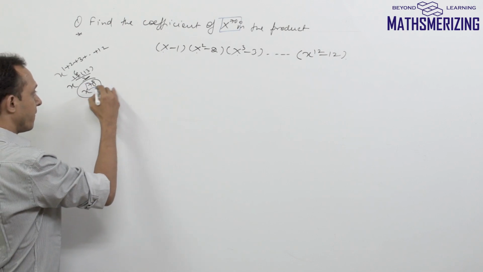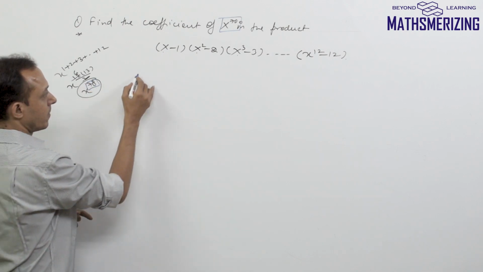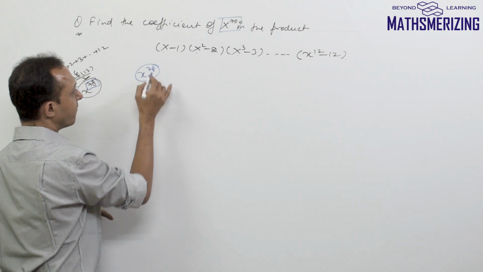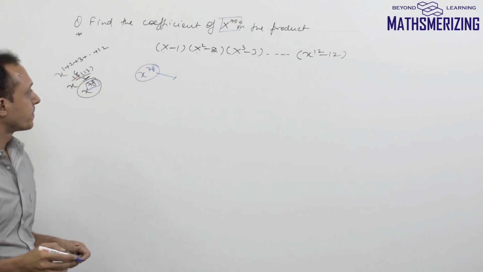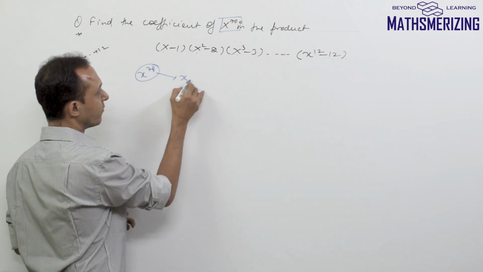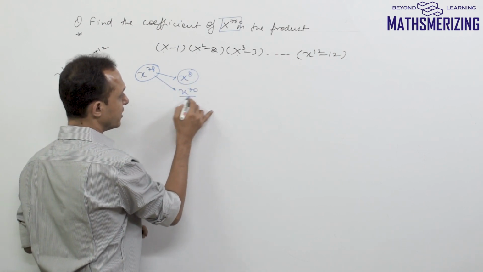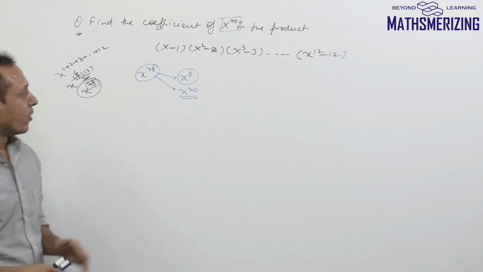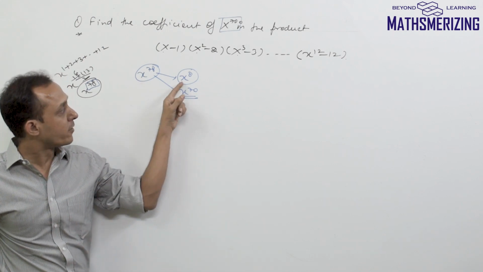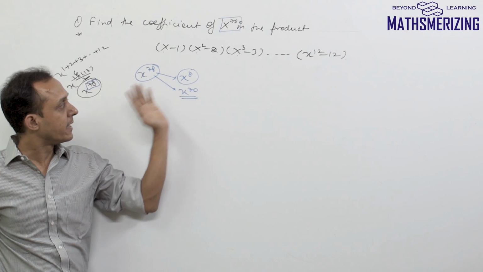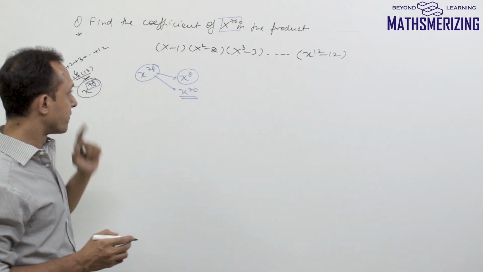That means from this x^78, I have to leave out certain expressions in such a way that I leave out x^8 so that it becomes x^70. So I'll multiply all the terms except for the terms that will make the power of x as 8. So now what are the ways of doing it?